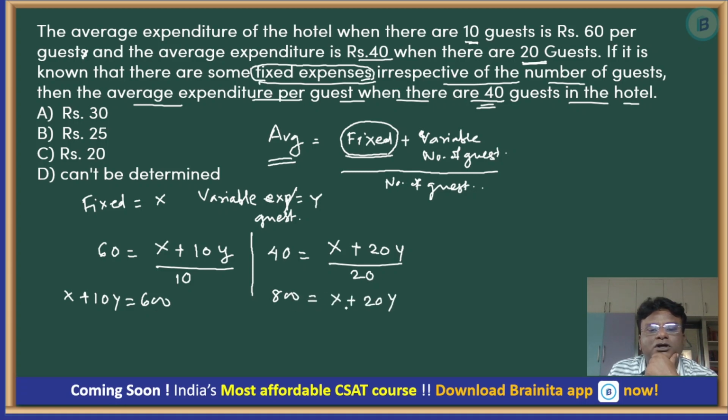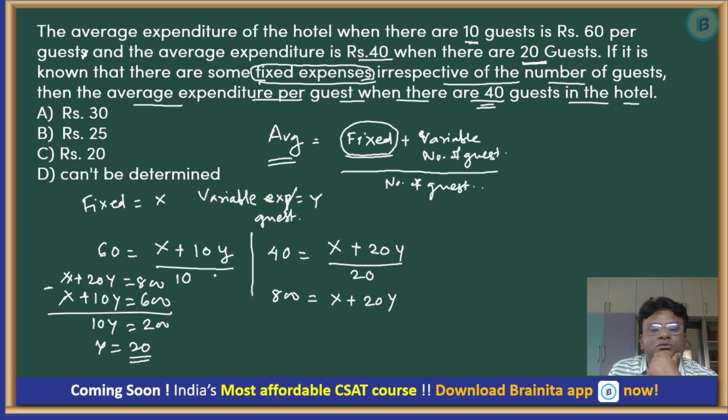Now if you actually solve these equations, x plus 20y is equal to 800. Subtract, basically do minus. So this x got cancelled. 10y is equal to 200. So y is equal to 20.